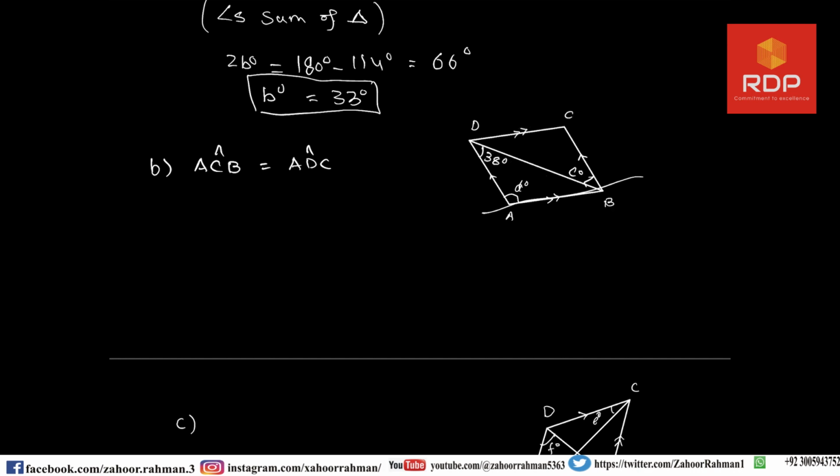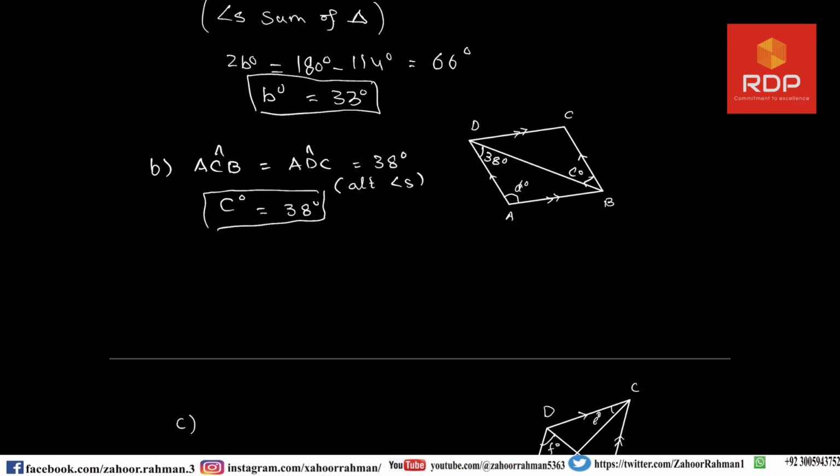So we can say by the alternate angles that it is equal to what? It will be equal to 38. So C degree is equal to 38 degree by the alternate angles theorem, and that's it. We found it very easily.